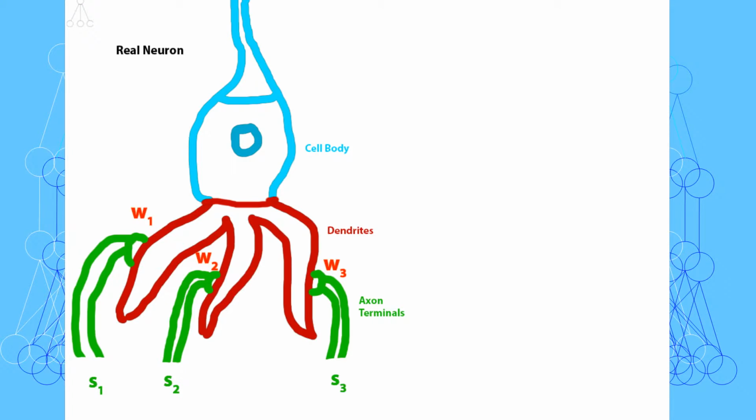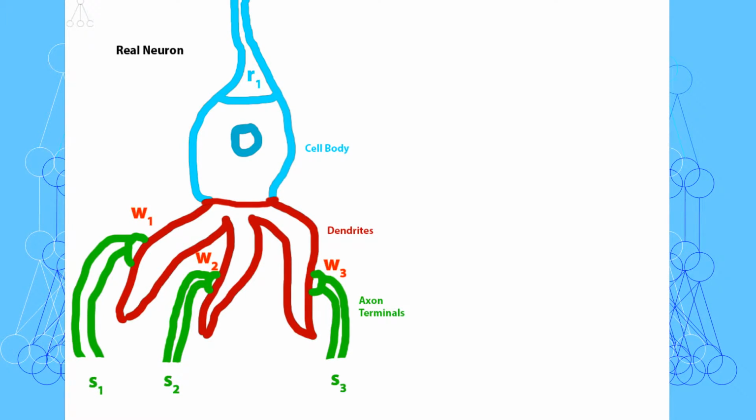So W1 and S1 are a pair, W2 and S2 are a pair, etc. And then the output of our cell we're going to call, for this case, R. In my course, I'm going to typically use R to denote a linear neuron. So what do I mean by linear? A linear neuron is just a linear function of the inputs. We're going to put that equation up in just a bit after we talk about our more schematic neuron.